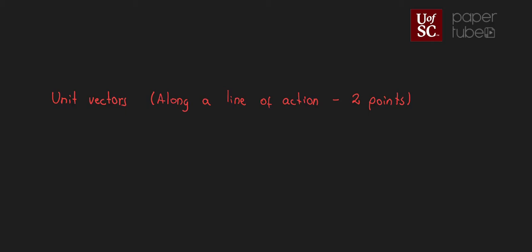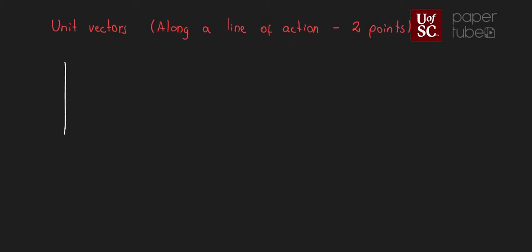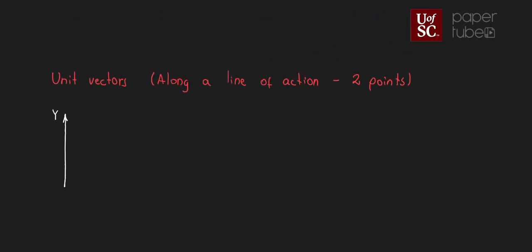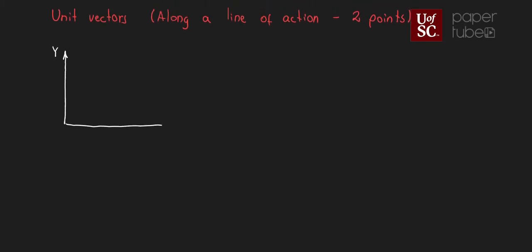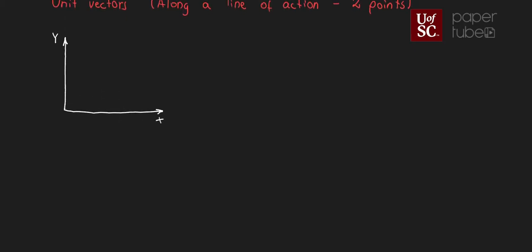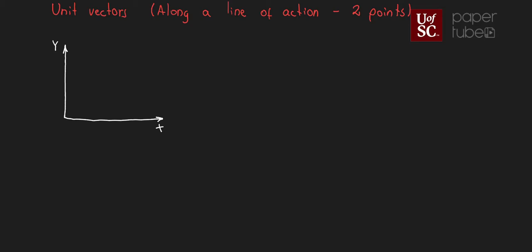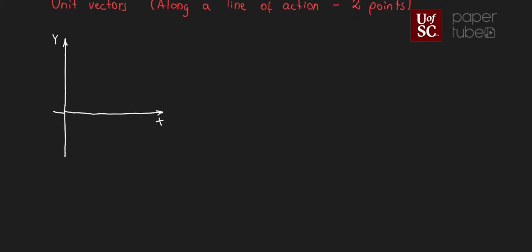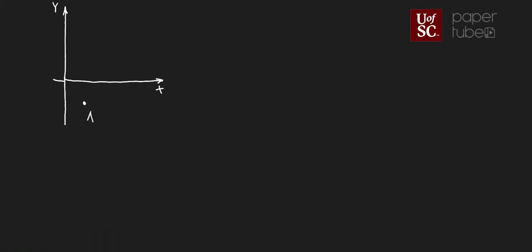Alright, so what I mean by that is, let's say that we have our x and y axis. This is y. This is x. Let's say that we have 2 points, and by the way, this extends to the negative as well. So let's say that my point A is somewhere in here.